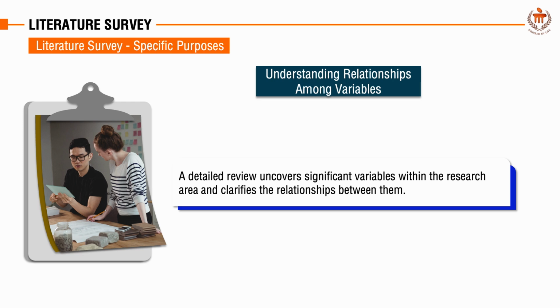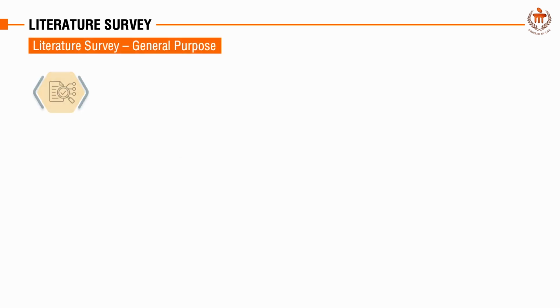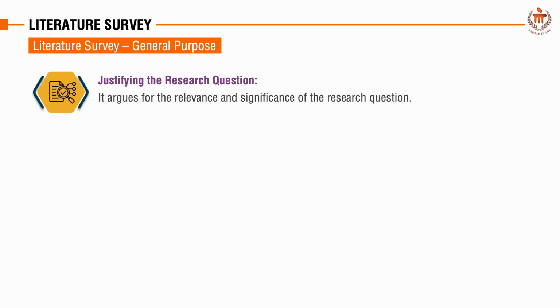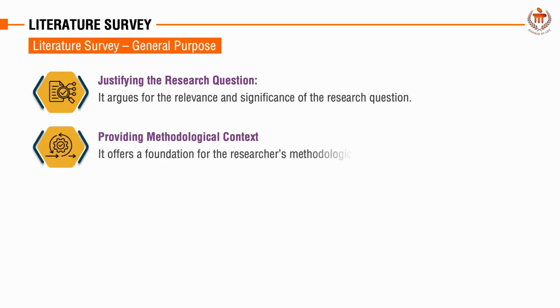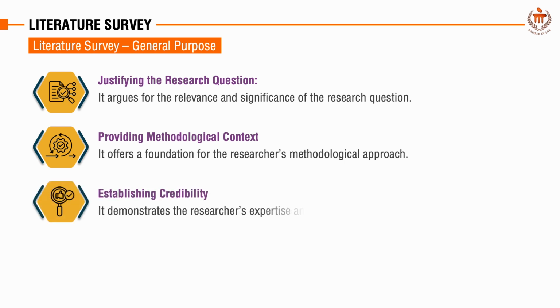Having discussed the specific purposes, let us now look at the general purposes of a literature review. Justifying the research question: it argues for the relevance and significance of the research question. Providing methodological context: it offers a foundation for the researcher's methodological approach.